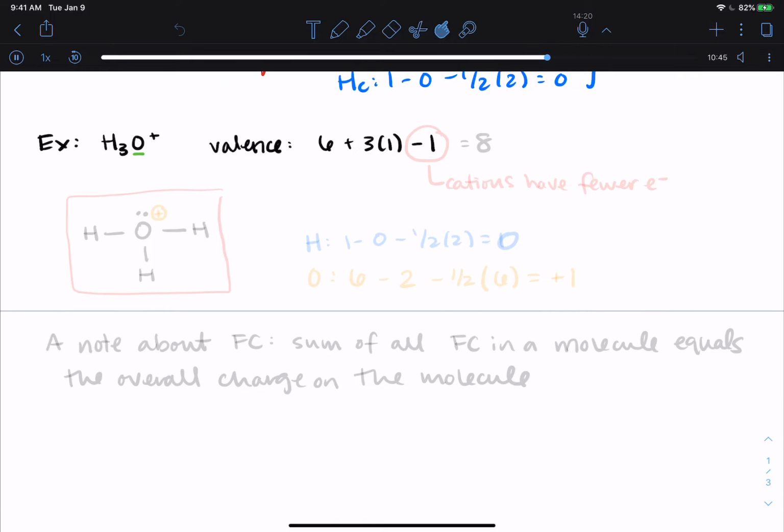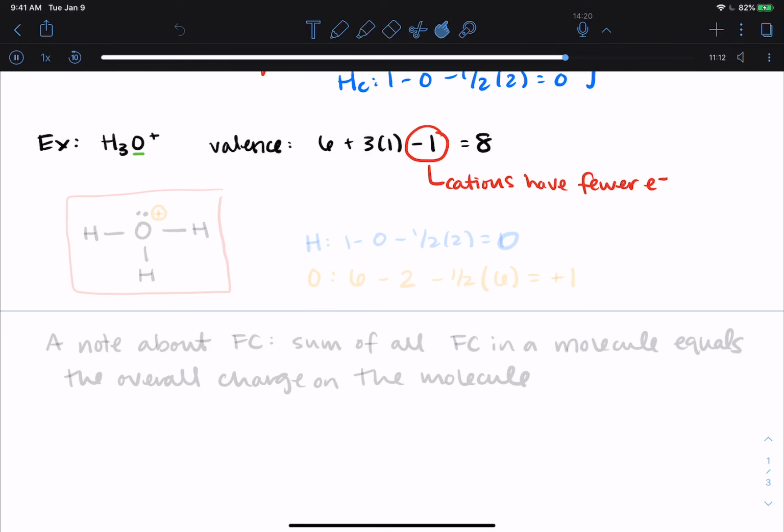So I have to account for that when I am counting up my valence electrons. So this -1 is to account for the fact that cations have fewer electrons. So when I add all of these up, 6 plus 3 minus 1 is 8. So I've got my valence electron count.